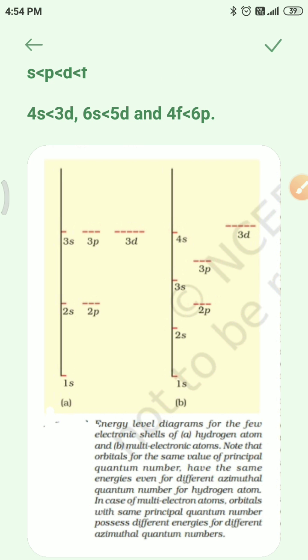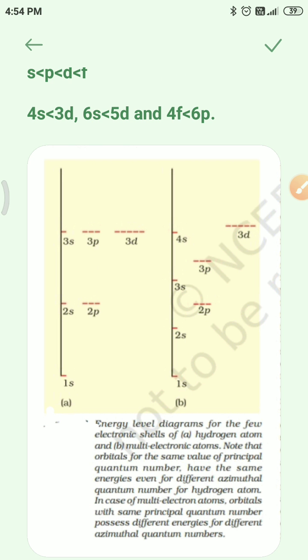In other words, for a given shell, say principal quantum number n, the Z effective experienced by the electron decreases with increase of the azimuthal quantum number l. So the s orbital electron will be more tightly bound to the nucleus than the p orbital electron, which in turn will be more tightly bound than the d orbital electron.